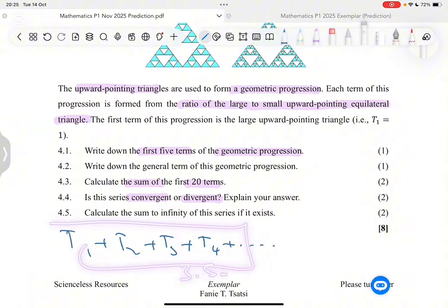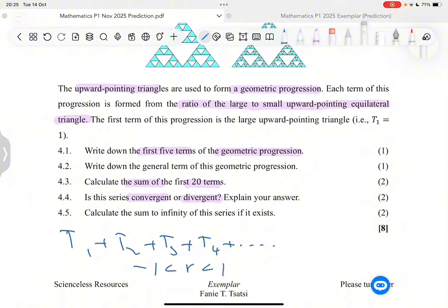Then if I add term 5, I get 3.5. As I continue adding, maybe the first 20 terms, I get 3.5. Then the first 50 terms, I get 3.5. Let's say I add the first 100 terms, I still get 3.5. Then it means this series is converging, going closer and closer to 3.5 the more we add terms. And this would happen if our r is between -1 and 1, the series will converge.